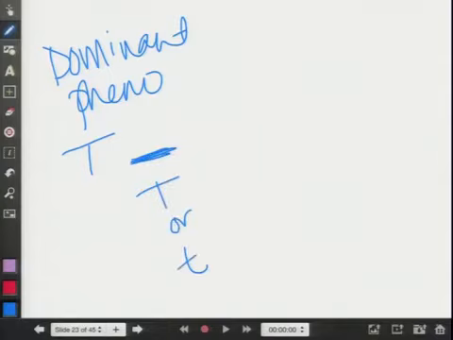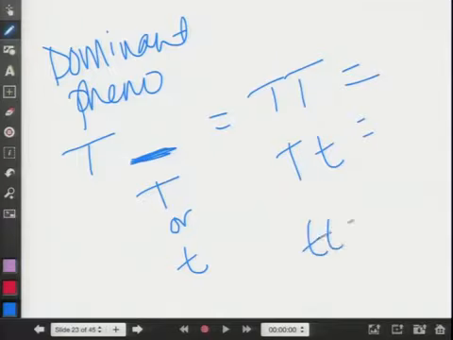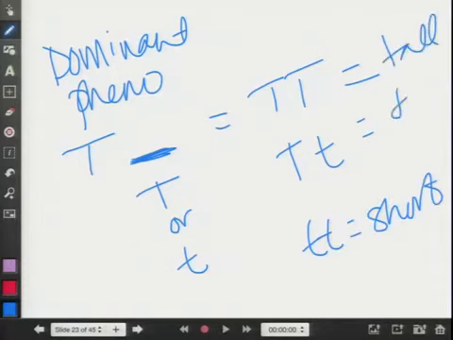That is the question. So big T, homozygous dominant; big T, little t, heterozygous dominant. Phenotypes exactly the same. Genotypes are different. The only way you see the recessive phenotype is if it's little t. So we'd have phenotypes tall and short. So that's just standard complete dominance.